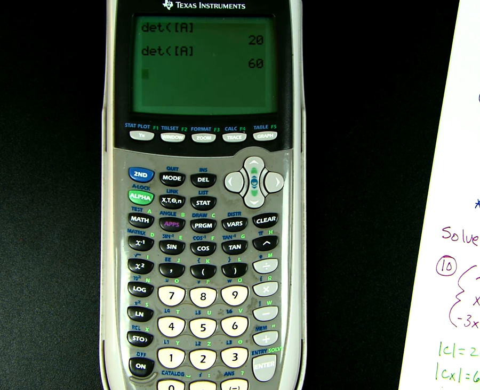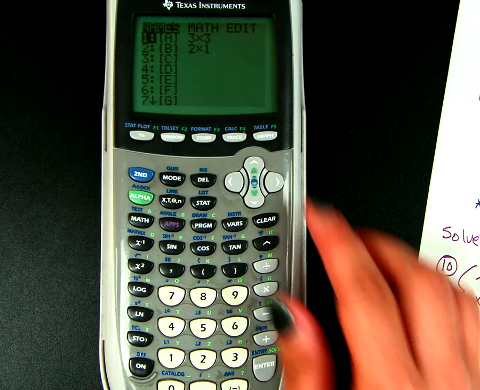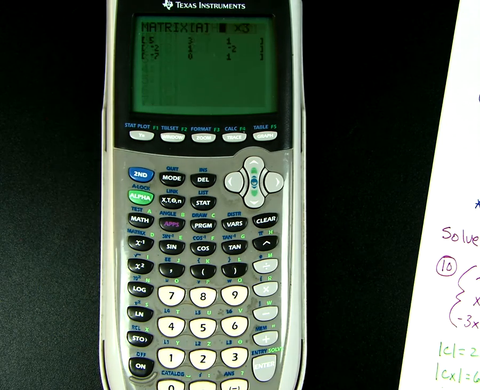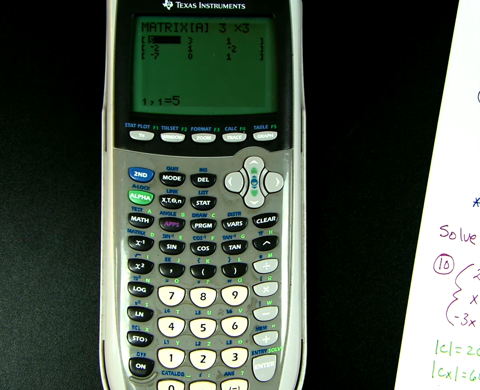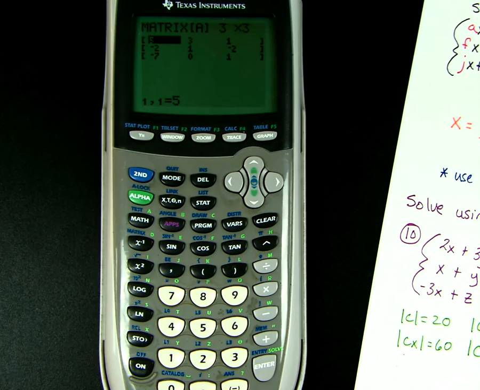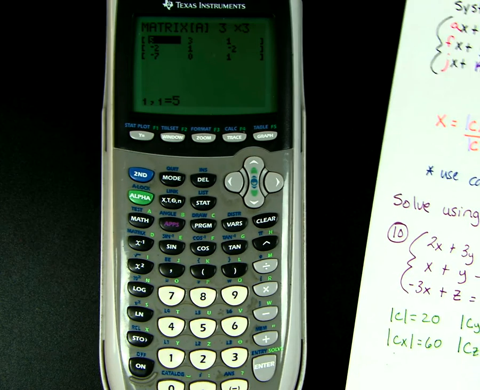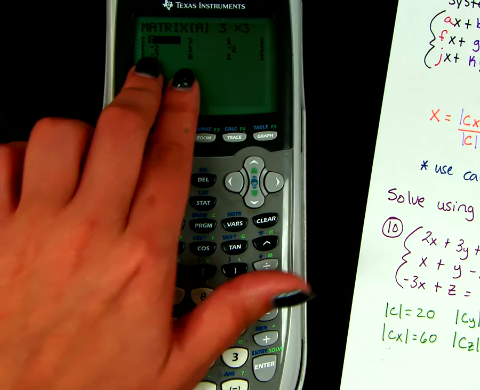Okay, so now we have to find the Cy one. Again, to do that, we're just going to go back to our matrix menu, so second matrix, over to edit. And then now we are going to change our matrix to the Cy one. I'm just going to retype everything since we'll have to change 2 columns.